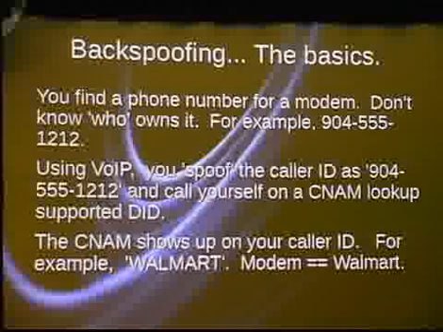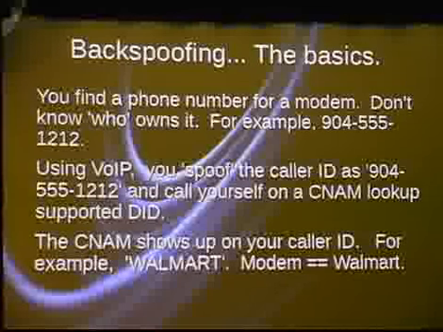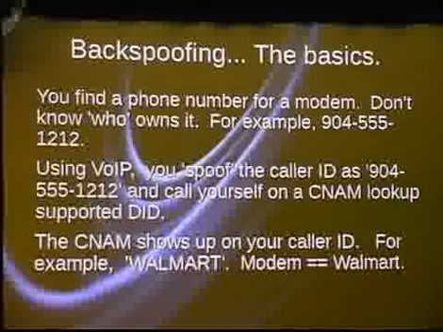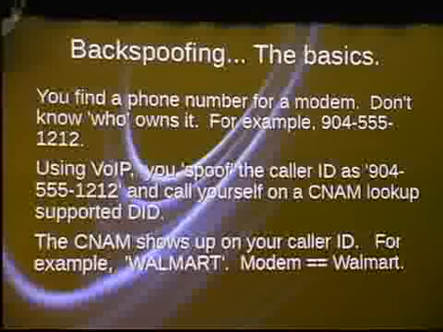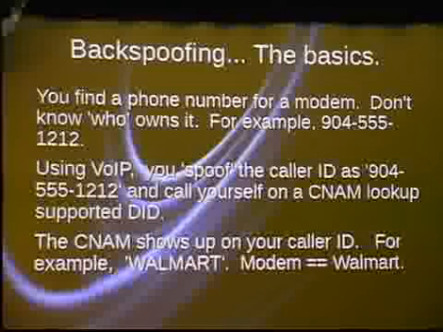So a call goes out and gets spoofed, but whenever it comes back in, it does a CNAME lookup at the telco level and passes you the information of who owns that phone number. It's called back spoofing. And Jay Falcon has a habit of doing this, spoofing thousands of numbers and calling himself to find out what the CNAME information is.